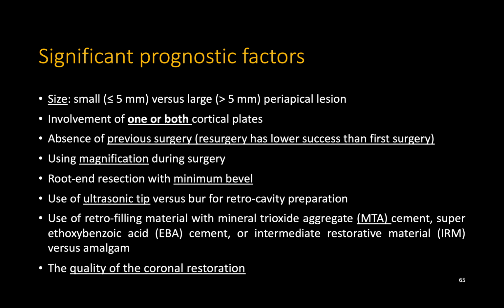Now, you may ask, what are the factors that affect the prognosis or the success of endodontic surgery? And here is the answer to your question. First of all, the size of the periapical lesion. If we have a small periapical radiolucency that is 5 millimeters or less in diameter, we will have a higher success rate than a large lesion that is larger than 5 millimeters in diameter.